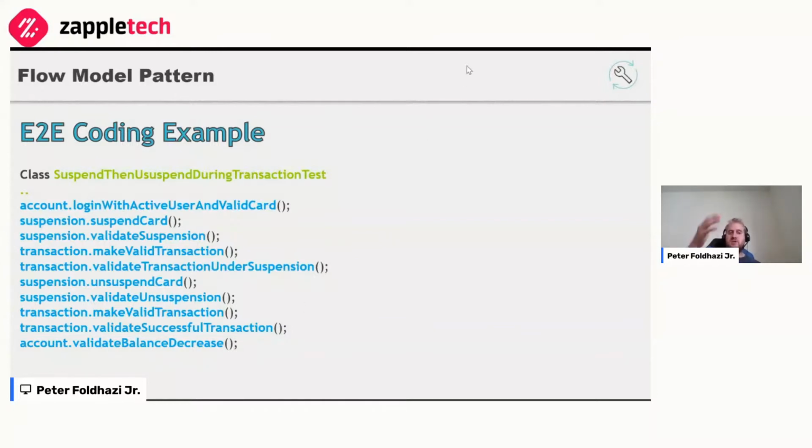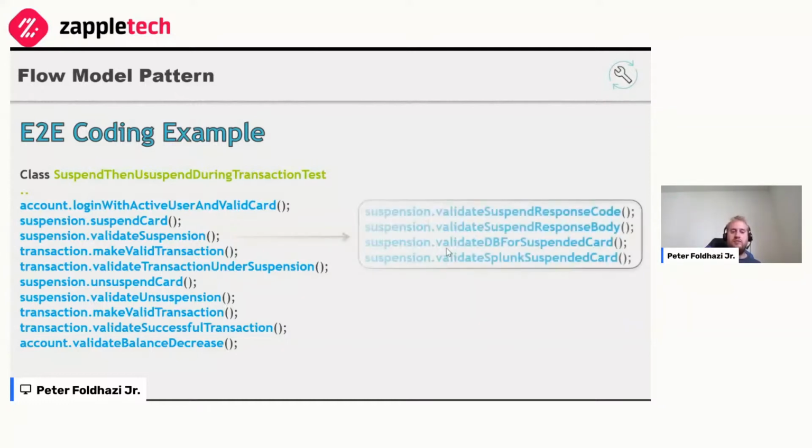So when you look at this test case, you know exactly all the test steps that are happening here. Still, you might want to concatenate some of the steps, especially validations, because you don't want to detail all of them in your test script, especially if you reuse them a couple of times. For example, validating the successful transaction or validating that the suspension went through.